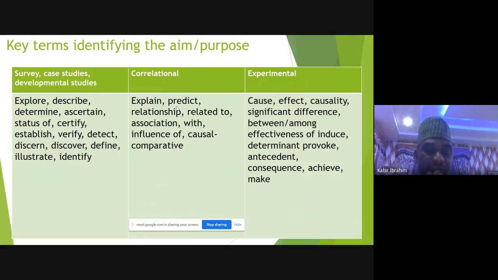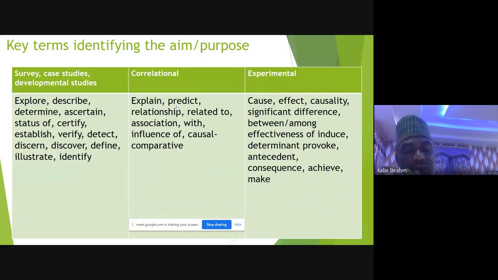Whenever your research is a survey, case study, or developmental study, you can use words like explore, describe, determine, ascertain, verify, identify. Whenever you use these, it can easily identify the purpose of your research.